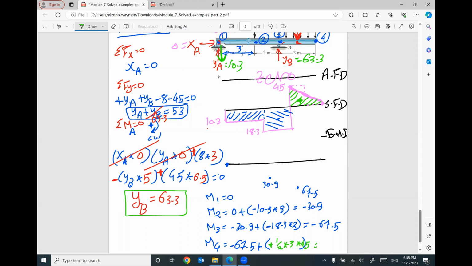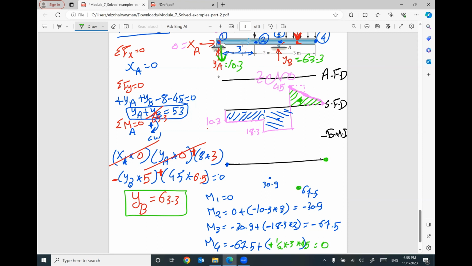Do you agree? The area of the triangle, because this shape is triangle, not rectangle like every other examples. So the area of this triangle, 1/2 times base times height. So your value will be 0. So the end is 0.